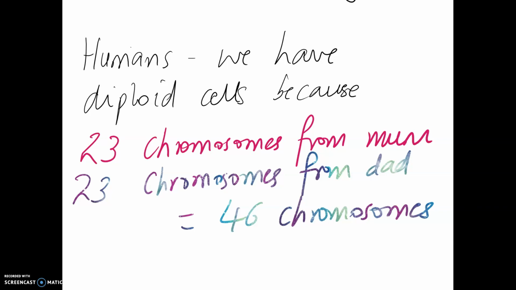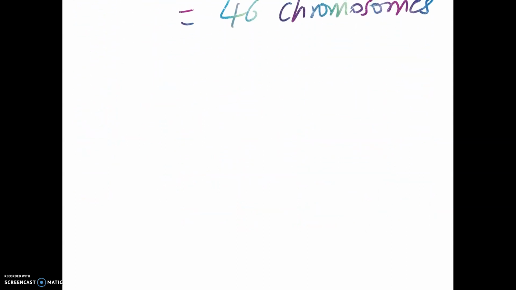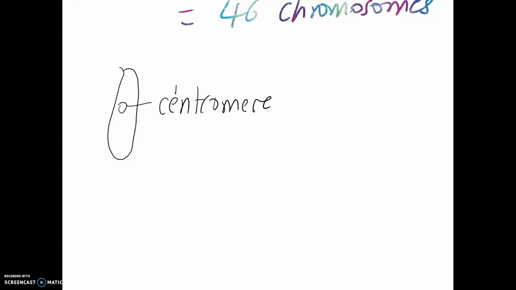So let's look at each of these individually. If I start with a single chromosome, the point in the middle is called a centromere. And if I then duplicate this, I'll get something like that.